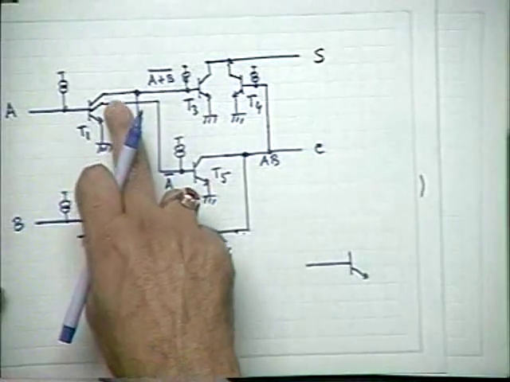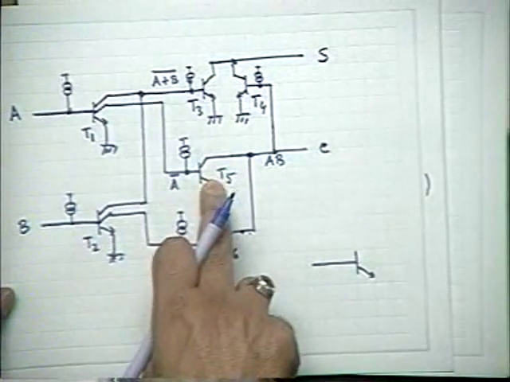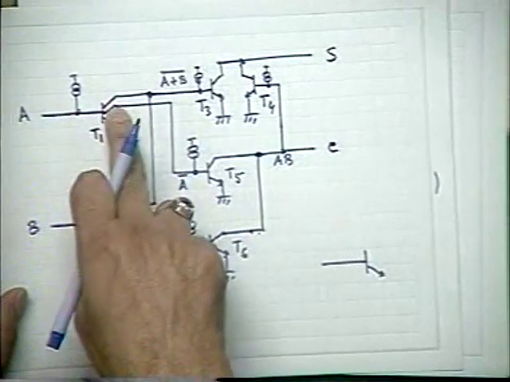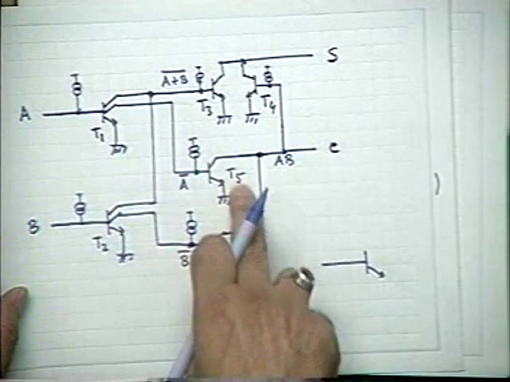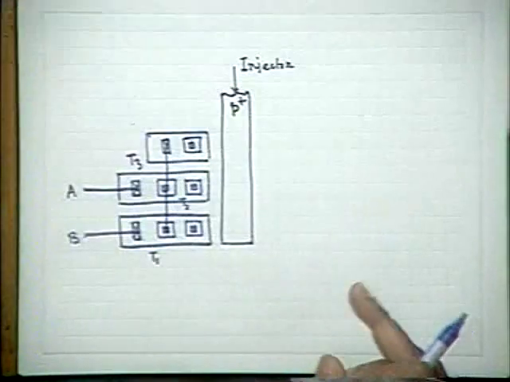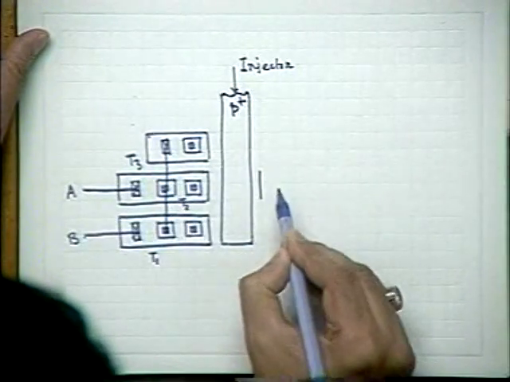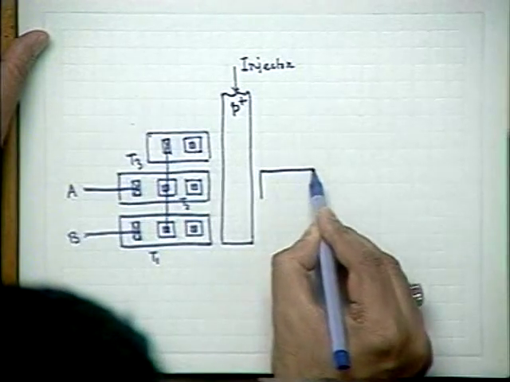The other collectors of T1 and T2 supply the inputs to T5 and T6. So what I have to do is place the 2 other transistors, called T5 and T6, on the other side.